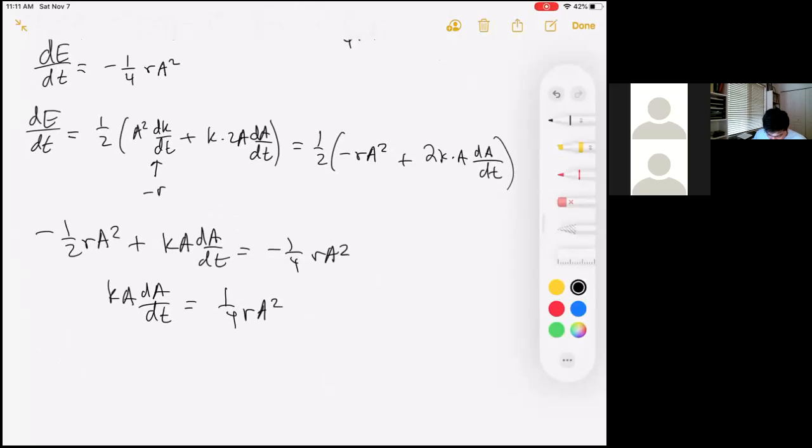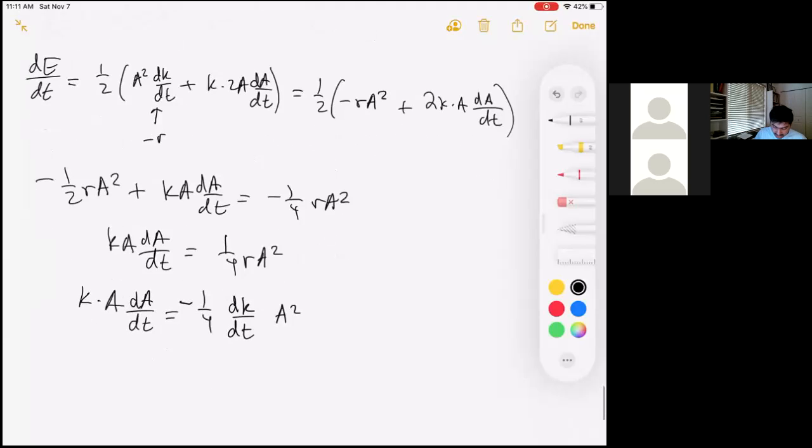So what I can write is that Ka dA dt is equal to 1/4 dk dt a squared, negative, because r is negative dk dt. So the dt will cancel out.